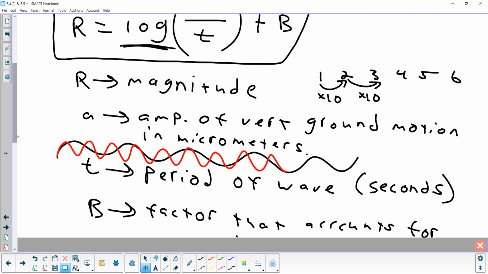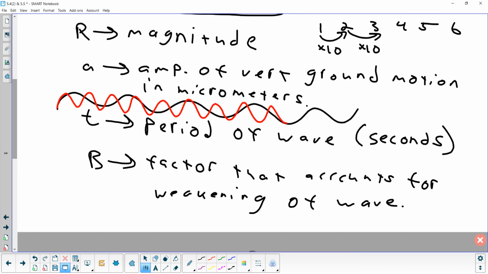Think of like if you were in the ocean and you count waves going by you, how long does it take for a wave to keep going by you? That's like the period of the wave. And B is a factor that accounts for the weakening of the wave. I don't know exactly how they can figure that out, but imagine if you were to drop a big object in a lake, that wave really keeps spreading out and it doesn't weaken super quick.